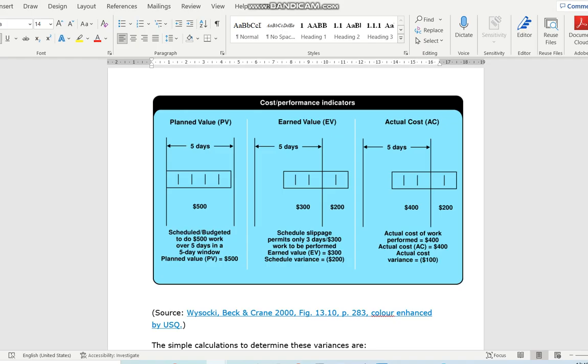Either we give you a graph and you need to find the gap of 2 lines, or we give you some wordings and you need to do simple calculations to find your PV, your AC, and then your EV. And then CV, you must remember the formula is EV minus AC. And SV is EV minus PV. So these are the 2 formulas.